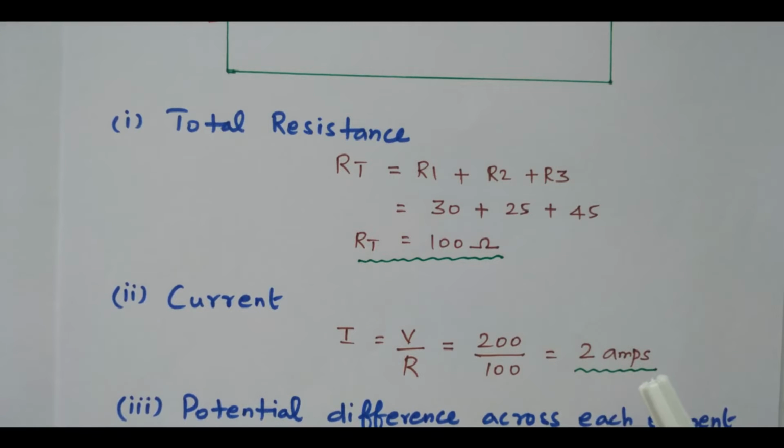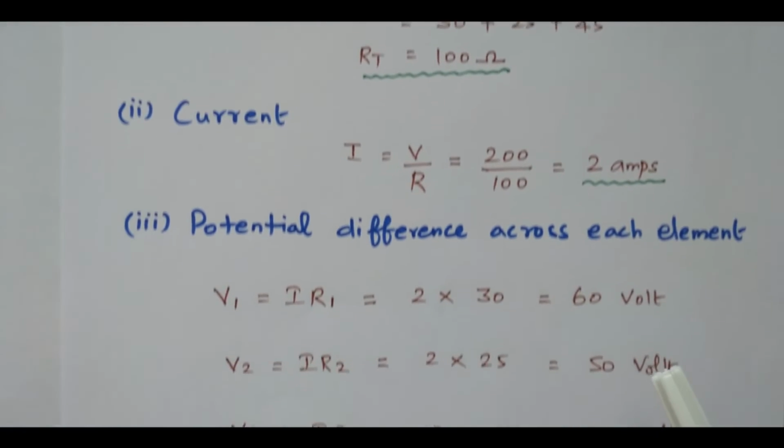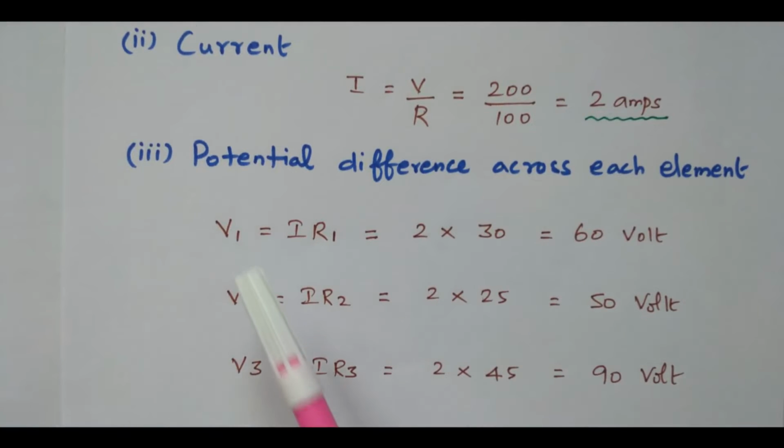Now we'll go to the potential drop across each element. That is also very easy. V1 equal to I into R1, because current is the same in the entire series circuit. Potential drop across R1 is V1, R2 is V2, R3 is V3.